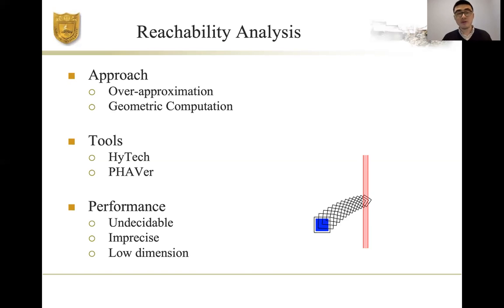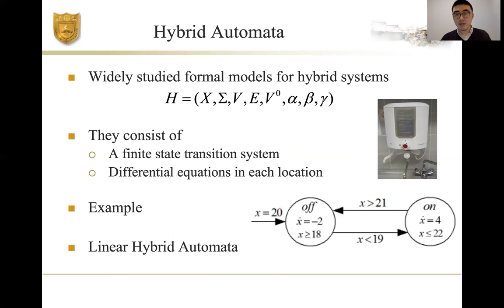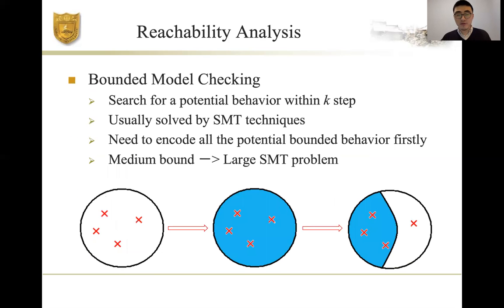And because geometric computation is very expensive, the dimension of the system that can be solved by such methods is limited. By dimension here, we mean the number of continuous variables. For example, in this system, the dimension is 1 because we only have one continuous variable, which is x. Okay, let's move on.